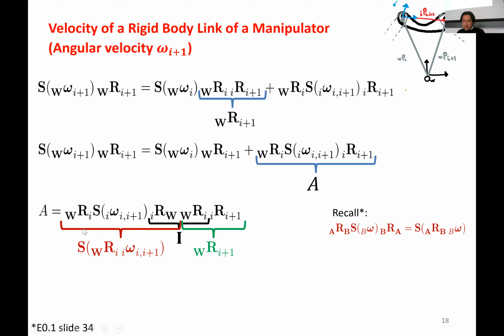So that's what we're doing here in red. Basically, we're using this property to put the rotation matrix inside of the skew symmetric operator.